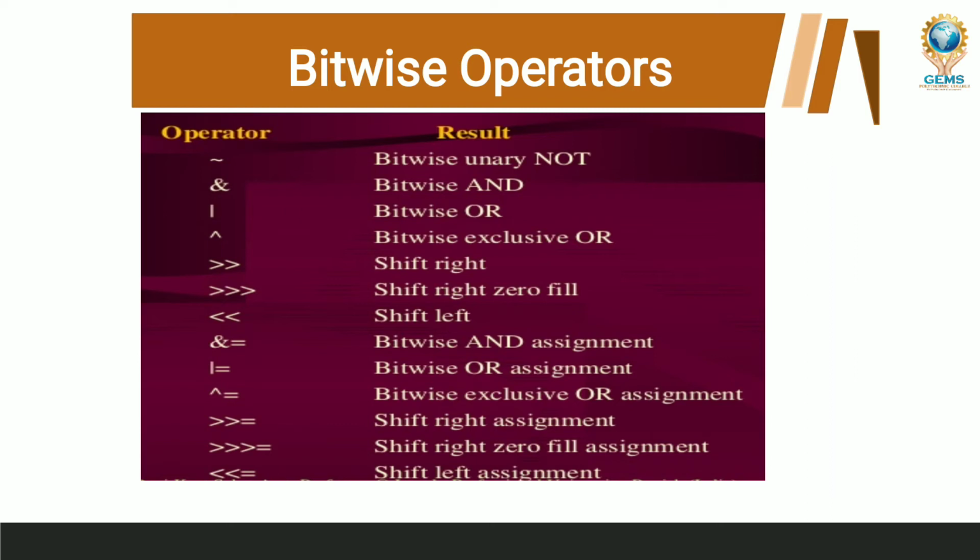So look at here, many operators are given and their functionality also is given here. First one is the negation. This one is called negation operator. Negation operator is nothing but inverse always. Negation operator means opposite of the original.